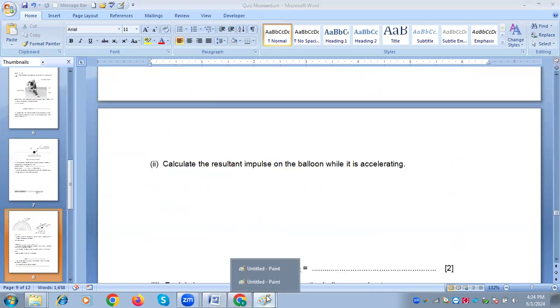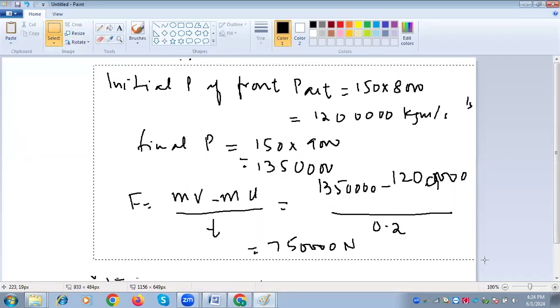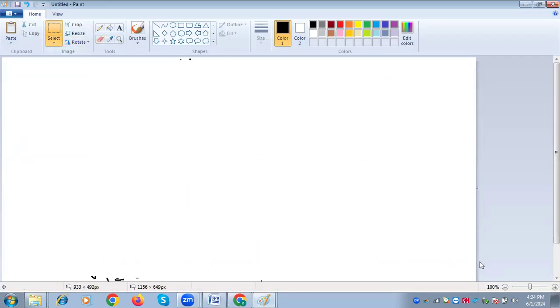Now this has become easy. F is equal to ma. A is equal to V minus U over T.